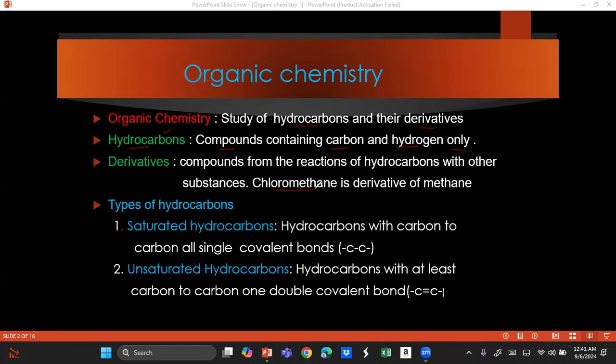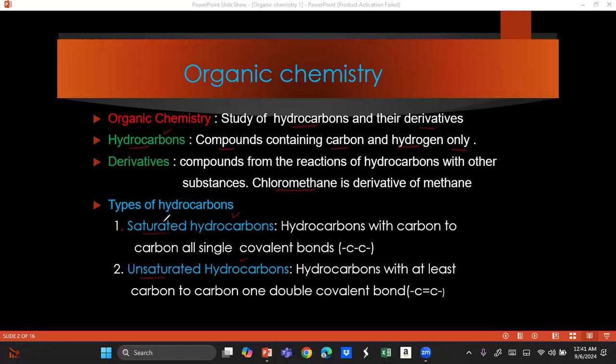Now, what are different types of hydrocarbons? The main types of hydrocarbons are saturated and unsaturated hydrocarbons. What is the difference between saturated and unsaturated hydrocarbons?